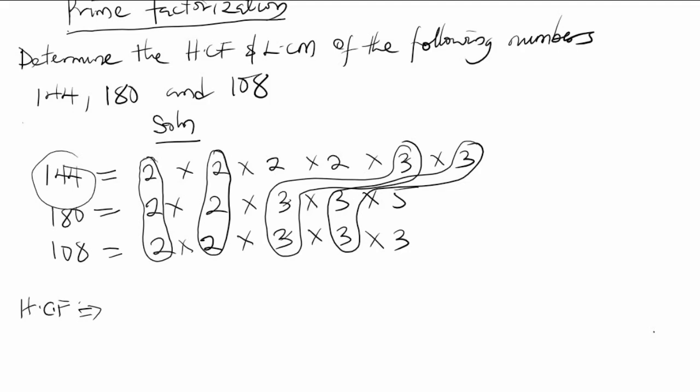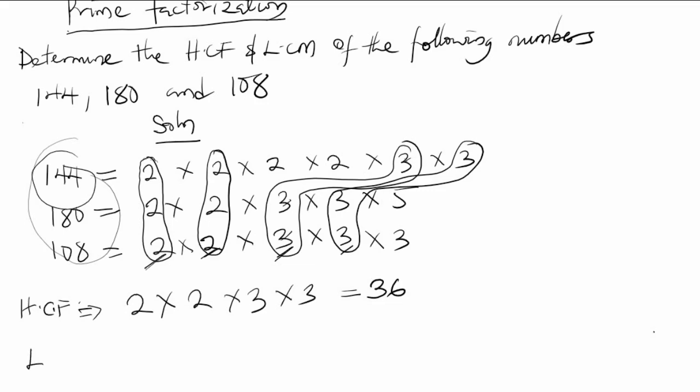So the HCF becomes this first 2 times this second 2 times 3 times 3. These factors appear in all three numbers. So this becomes their HCF, which should be 36.